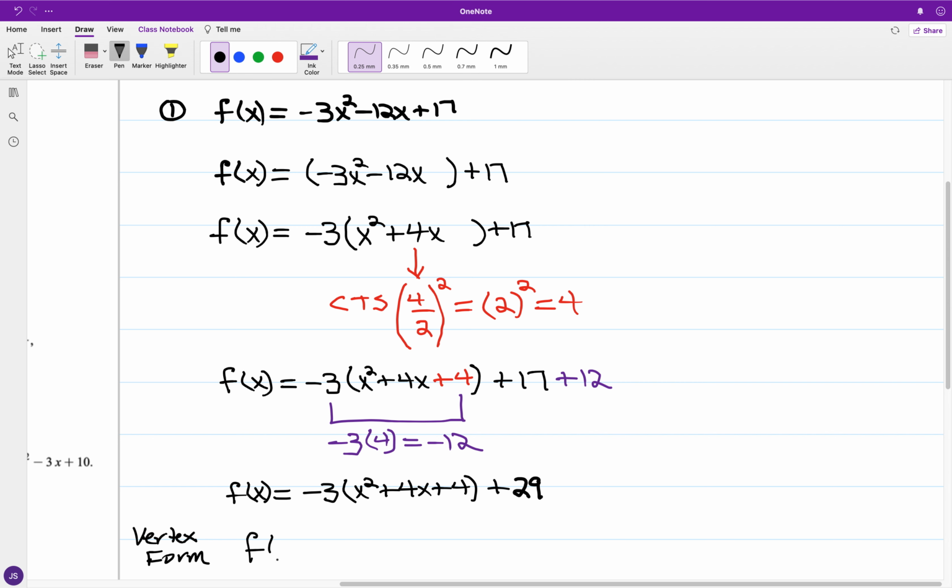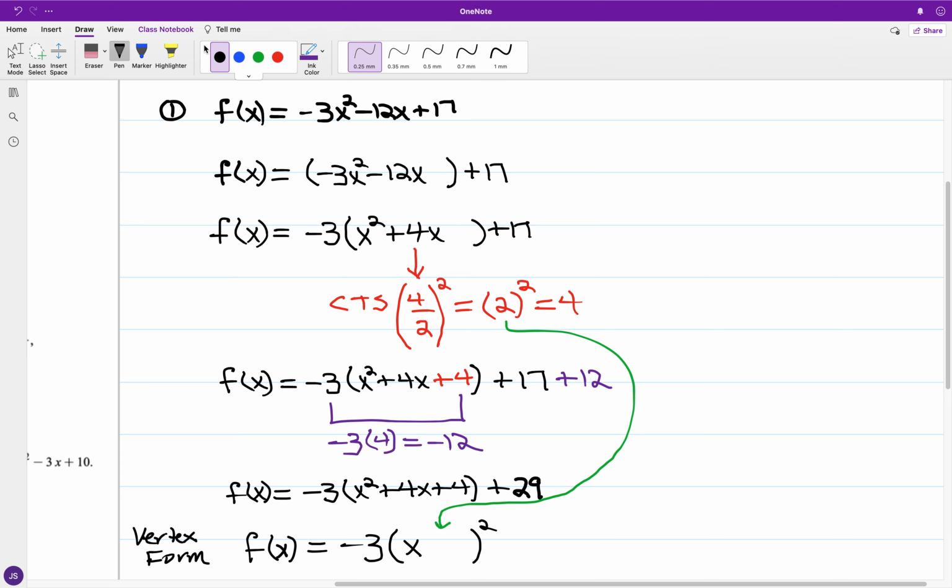And so for the vertex form, we have f of x is equal to negative 3 times the quantity x plus 2, and again, how I formed this trinomial originated from developing 4 upon squaring out positive 2, and the 2 is going to reappear in the vertex form.